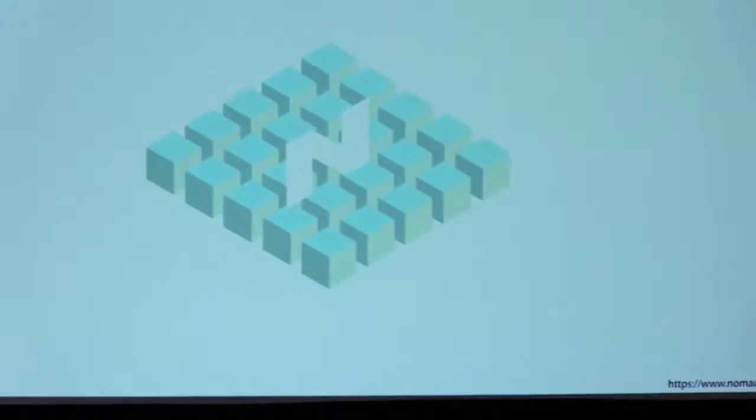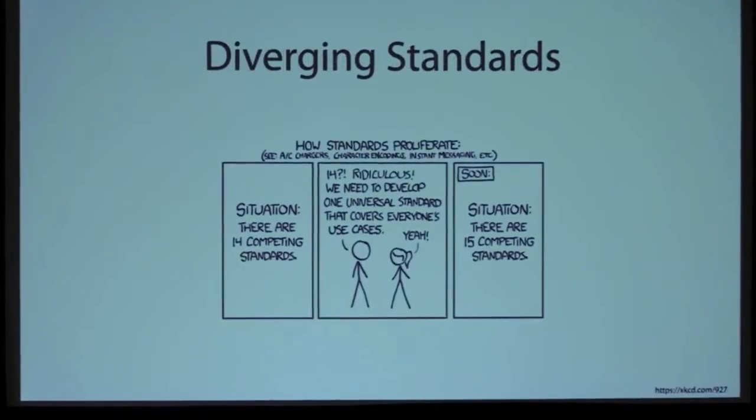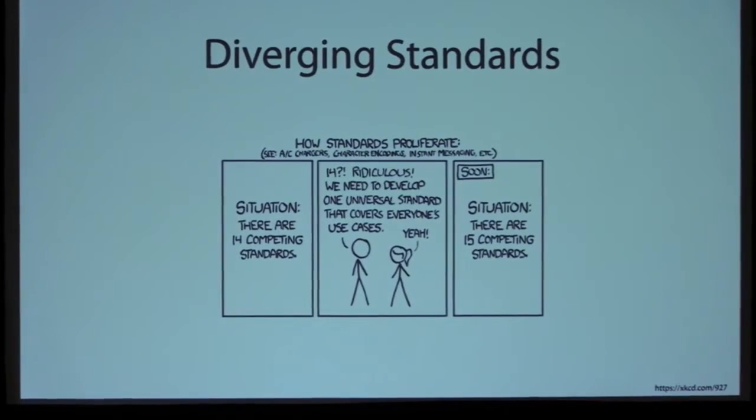So fast forwarding again, September 2015. Anyone familiar with HashiCorp? They're the company behind Vagrant, Consul, Vault. They released Nomad as another scheduler cluster management system. So again, that's a year ago. That's really new. So along with all these, we start to see some diverging standards.